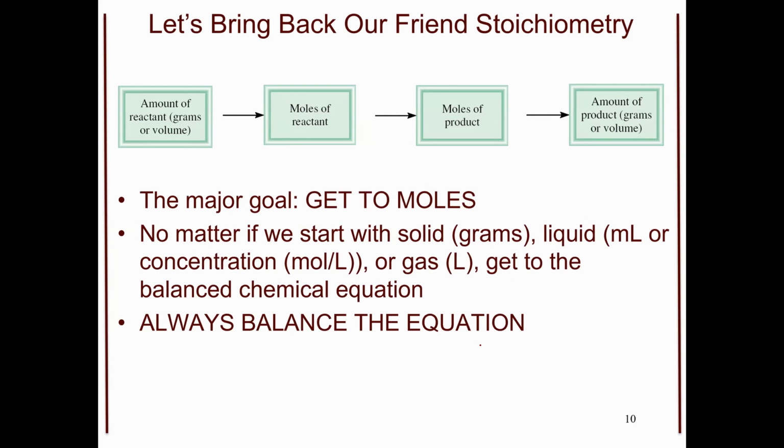Once we get to moles, and if we have a gas, instead of asking for it in grams, we can now ask for it in volume, and we will be able to use PV equals nRT. This is your last reminder that you always need to have a balanced chemical equation.